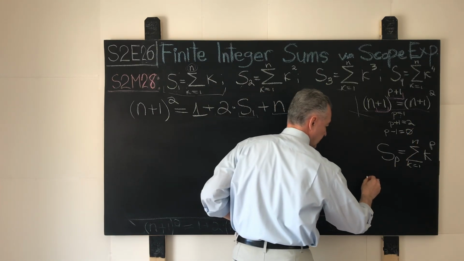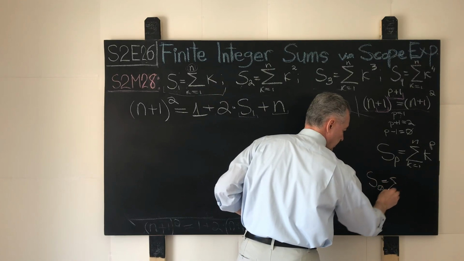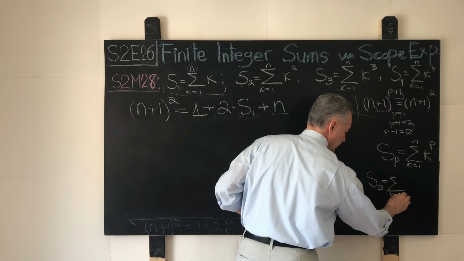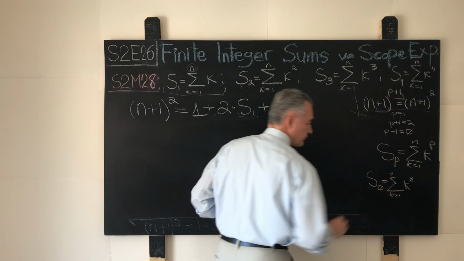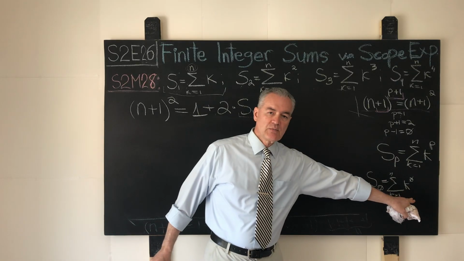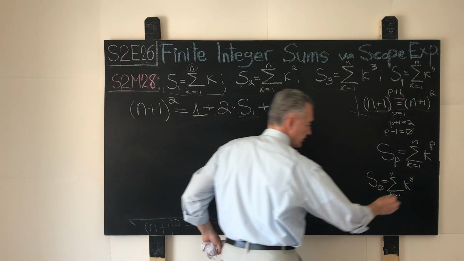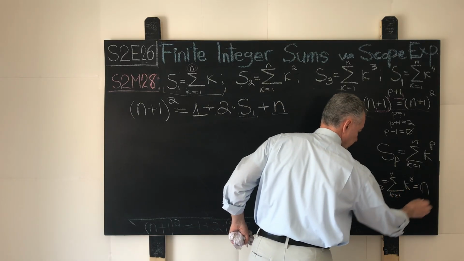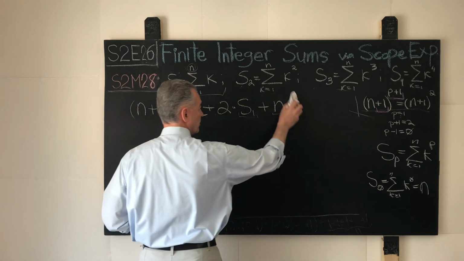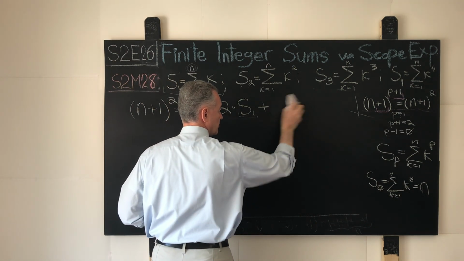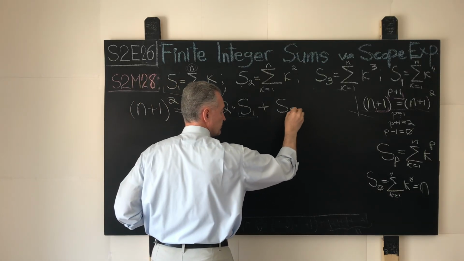And what will the sum S0 look like? The sum S0 will look like k raised to 0, each time, each sum. This is basically n copies of 1, and that is precisely n. So in that sense, once we all understand where this expression came from, we can technically say this is S0.